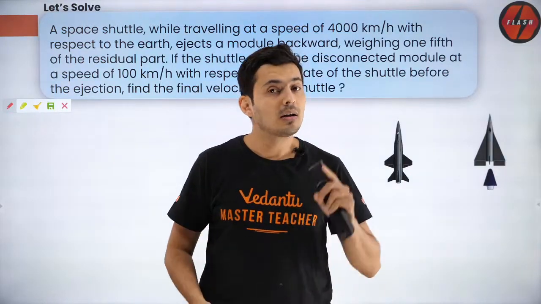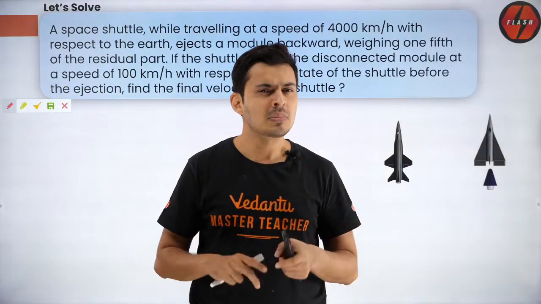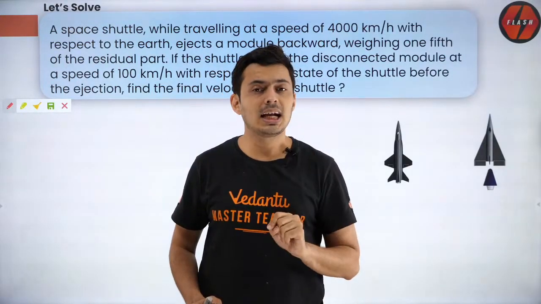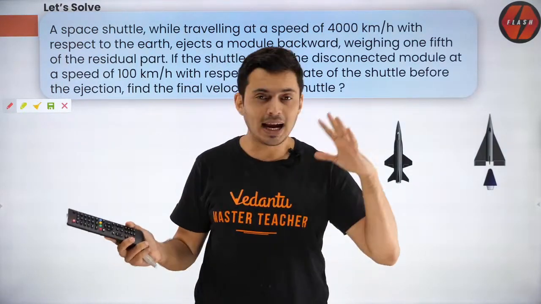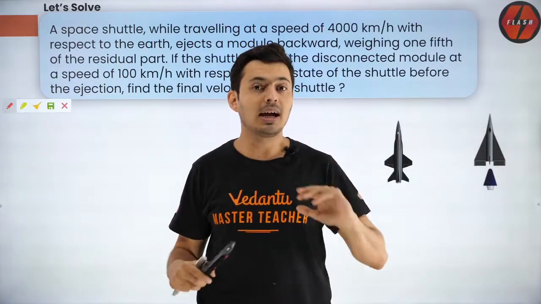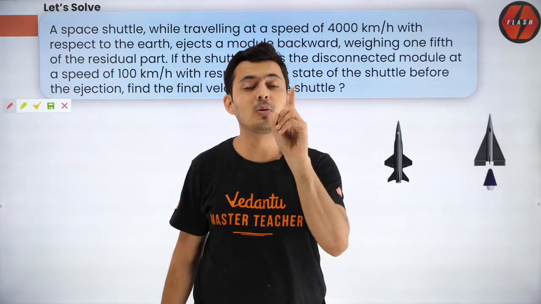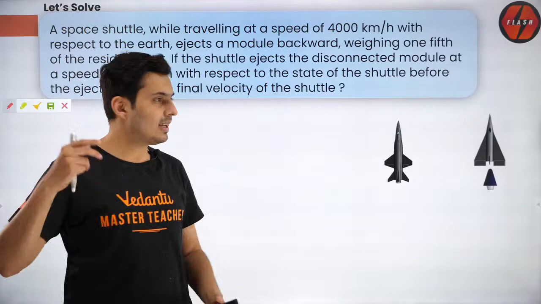If you draw momentum conservation or energy conservation problems in the same diagram, there is a good chance you will make a mistake. When do you draw only one diagram? For Newton's laws. Whenever there is a before and after kind of situation, always draw two diagrams and draw the relevant information in each diagram. Only then you will not commit silly mistakes. Is that clear?